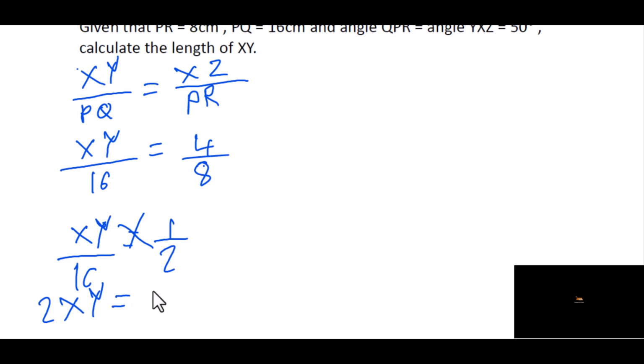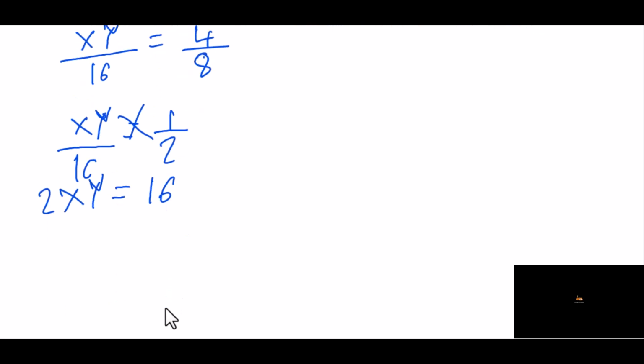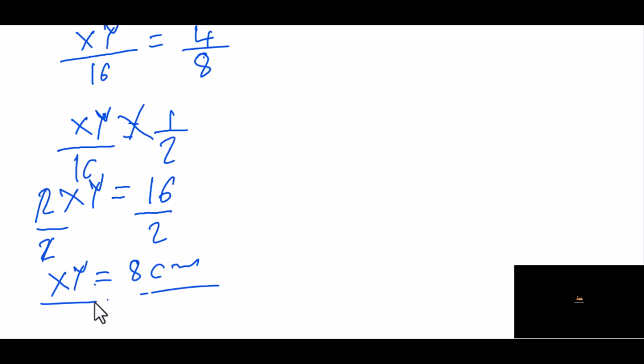Okay, so for us to find the value of XY, we divide both sides by 2, and this and this will cancel. So XY is just going to be equal to 8 centimeters. Okay, sorry for the handwriting. So this is basically our answer. So this is 8 centimeters.